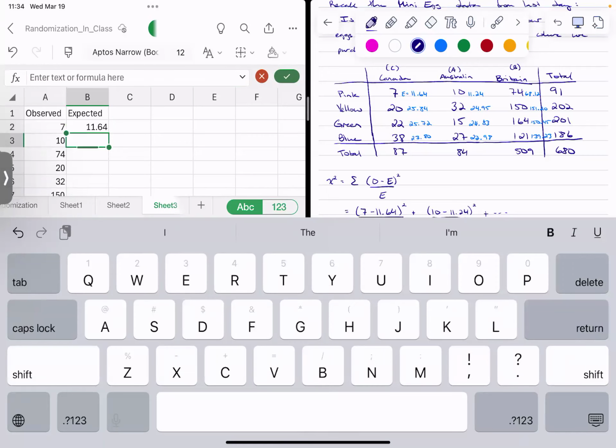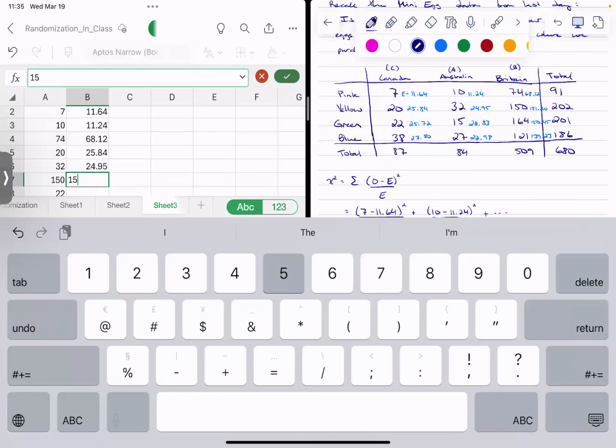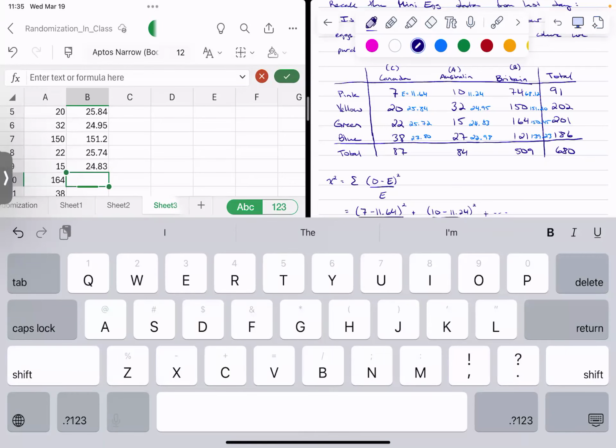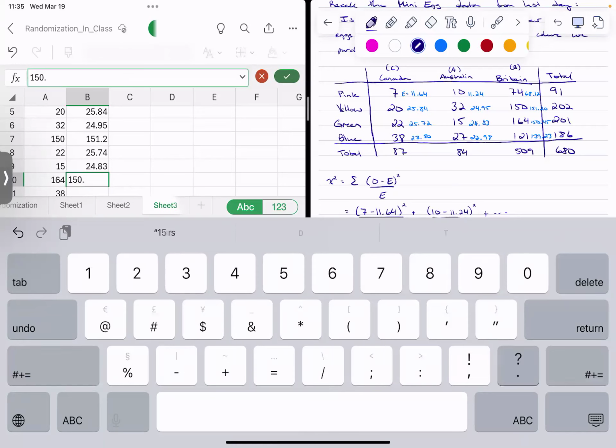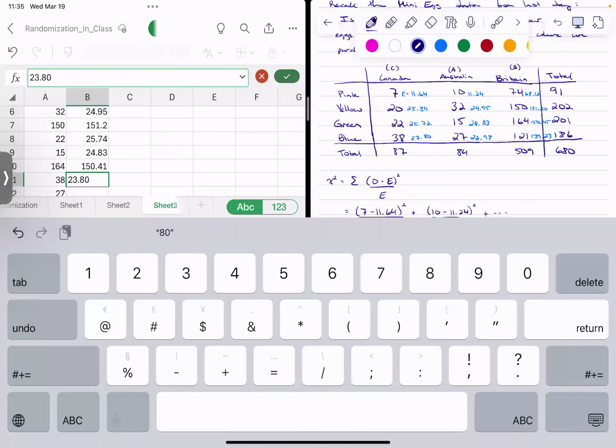11.64, 11.24, 68.12, 25.84, 24.95, 151.20, 25.74, 24.83, 150.41, 23.80, 22.98, and 139.23.